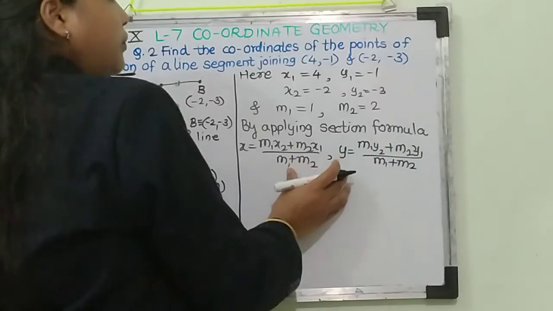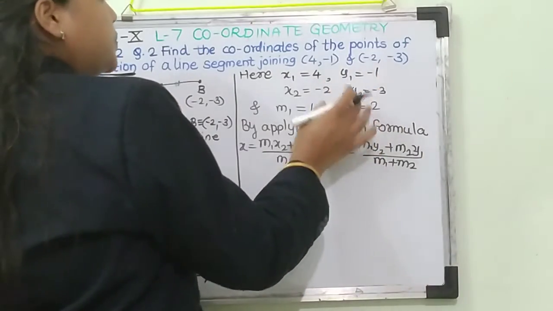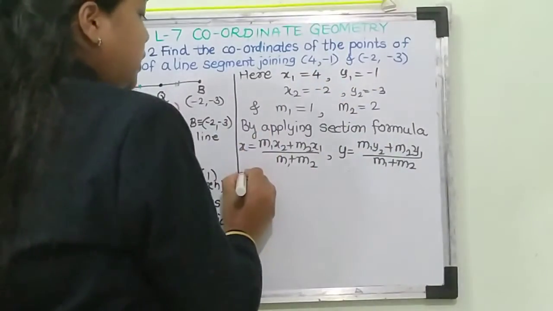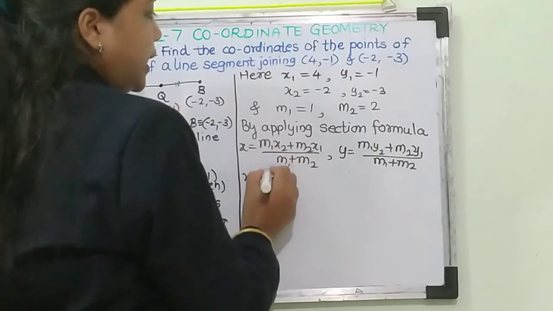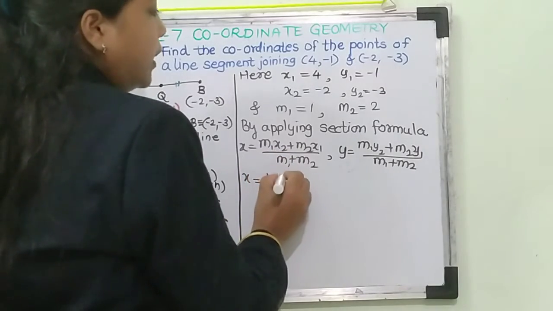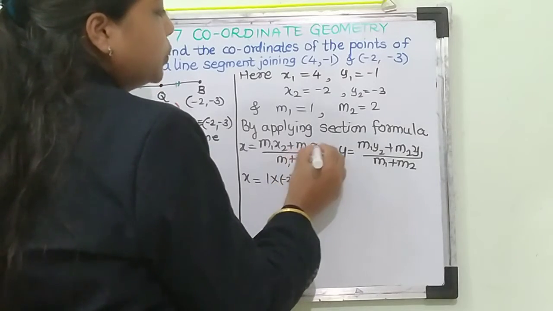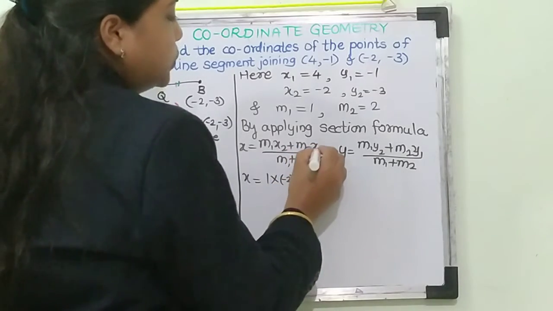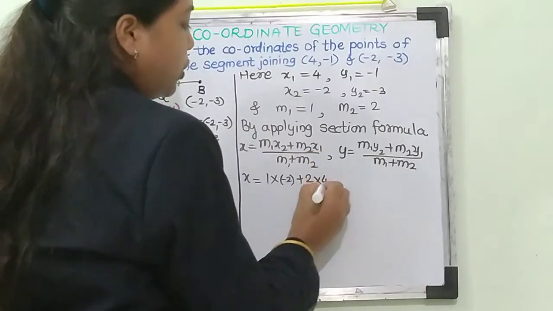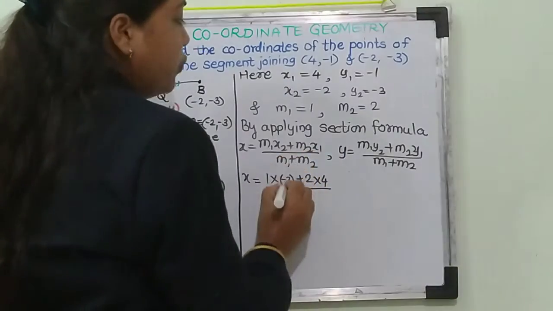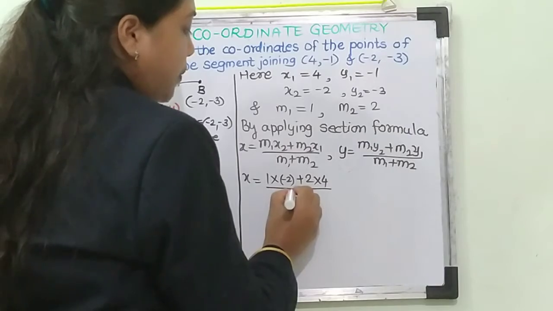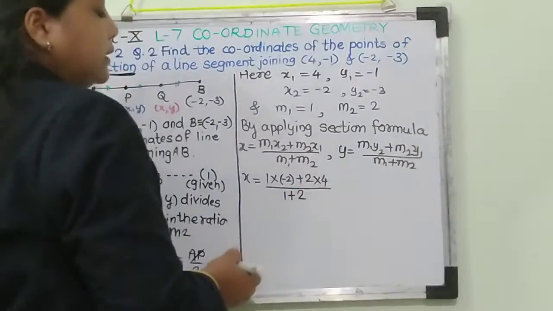In this formula we only have to substitute the values. So x equals m1 is 1 into x2, that is -2, plus m2, that is 2, into x1, that is 4, upon m1 is 1 plus m2 is 2.